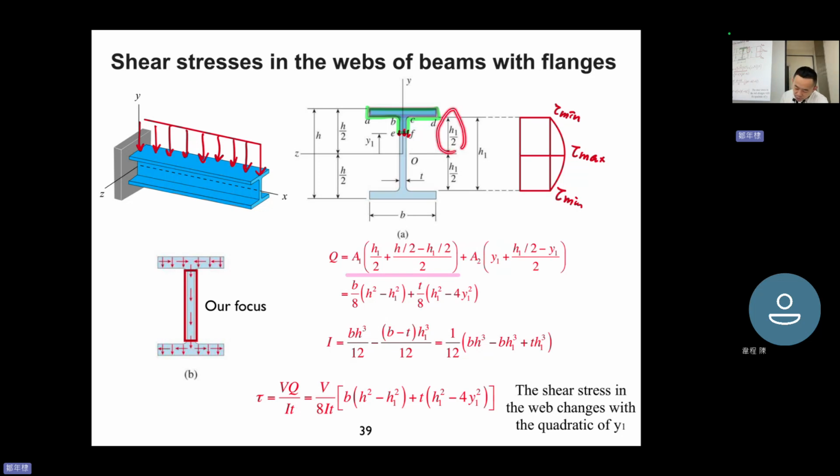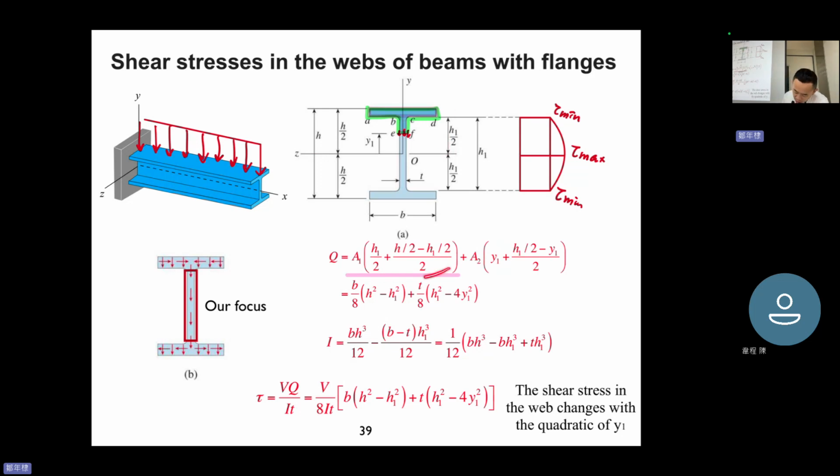H1 over 2 is the height of the bottom of the web. And the rest of this one is the total height minus this part, so it's the thickness of the web divided by 2, plus H1.